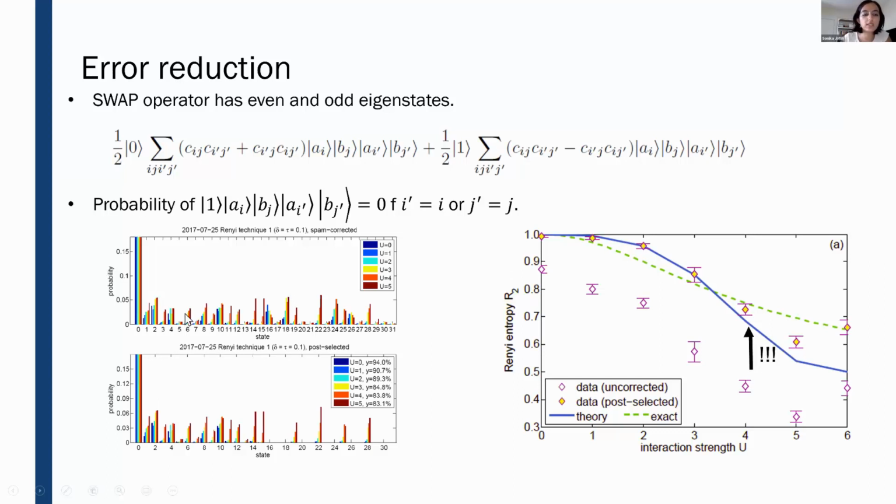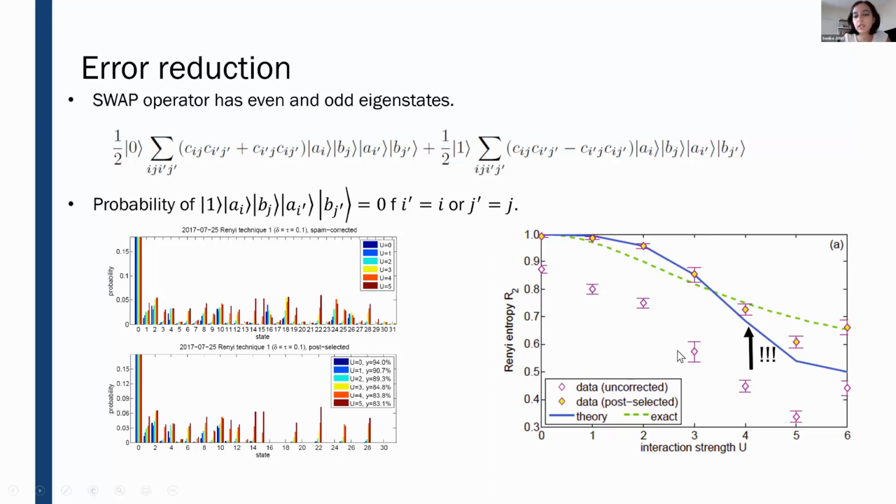In the top we show the noisy output from the quantum computer. We can design a filtration technique that throws away some of the states, and after you apply that filter, you get the probability distribution on the bottom.